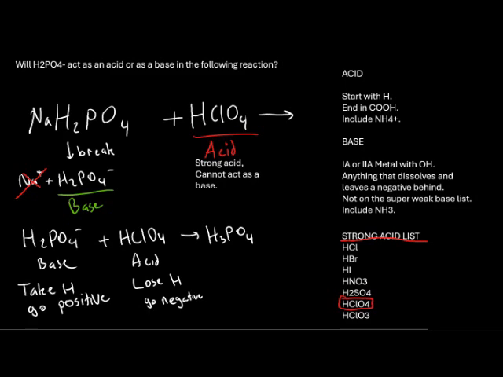Because it's neutral, we write no charge in the upper right. Now HClO4 must lose an H, leaving us with ClO4. It also must go one step more negative, giving it a charge of -1. Therefore, H2PO4- acts as a base and becomes H3PO4, leaving H3PO4 as our conjugate acid, and meaning ClO4- is our conjugate base.